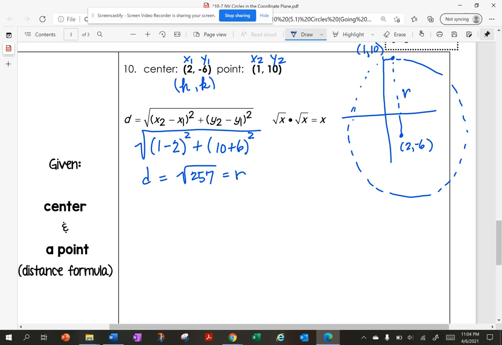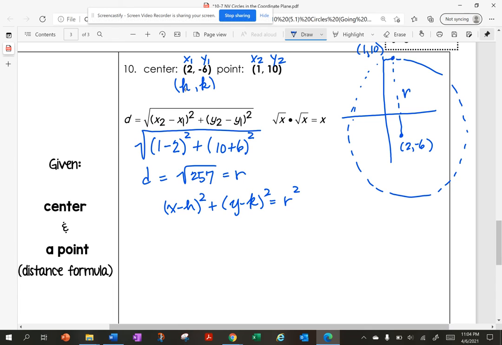So when I substitute into my equation, I'm going to substitute into x minus h quantity squared plus y minus k quantity squared equals my radius squared.